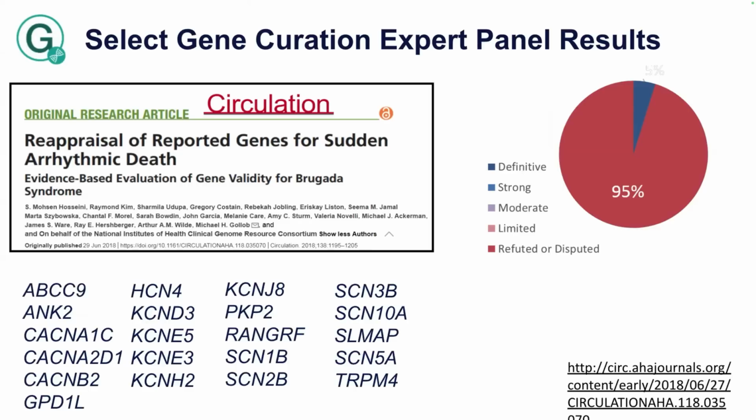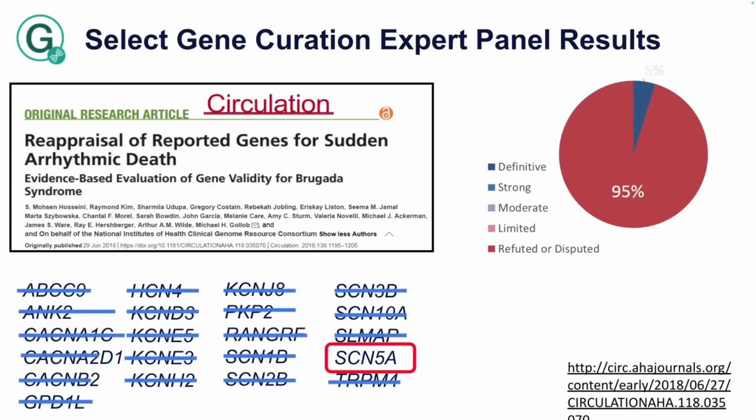And so they looked at all of these genes that were on panels for Brugada syndrome, which is an arrhythmia syndrome. And they found that only one of them had valid gene-disease evidence.